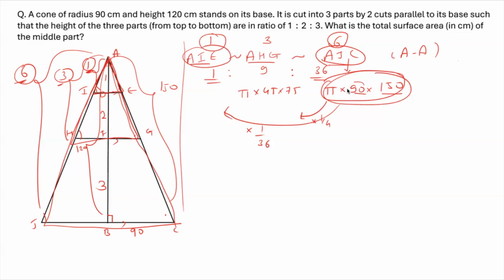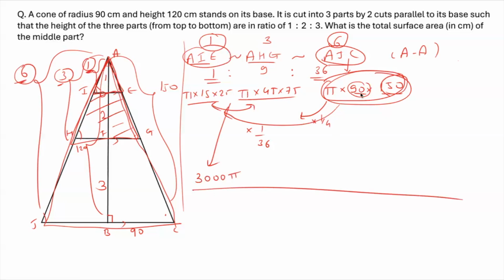So we can divide both these numbers by 6. This will be pi into 90 upon 6 is 15 and 150 upon 6 is 25. So the curved surface area of this frustum will be the difference of these two numbers directly. And that we have already seen will come out to be 3000 pi.